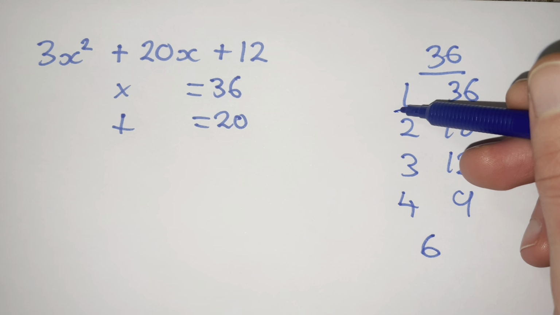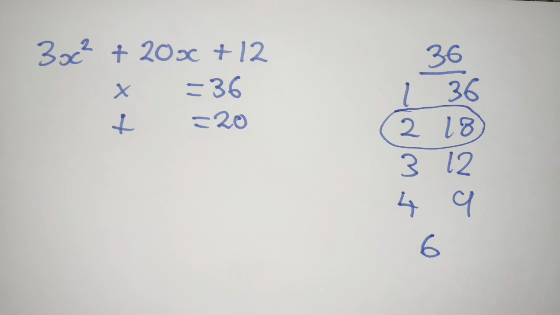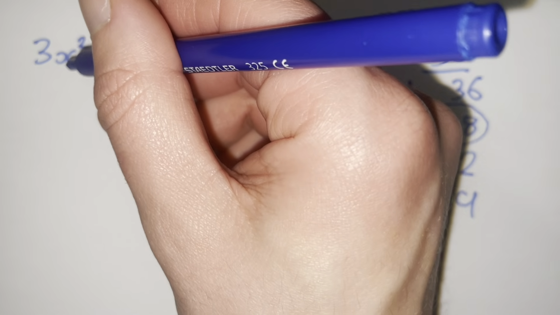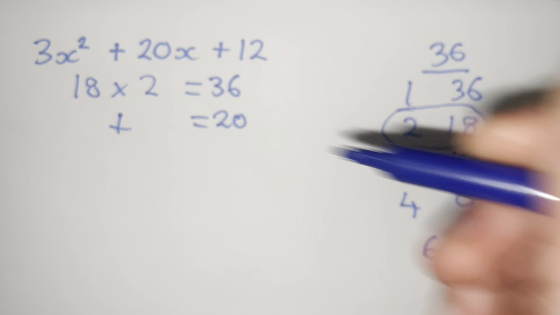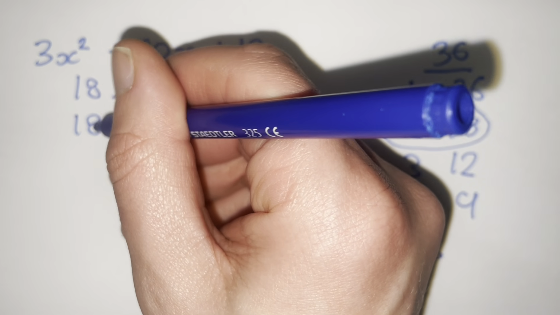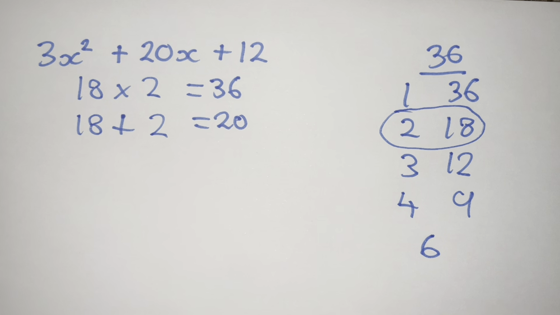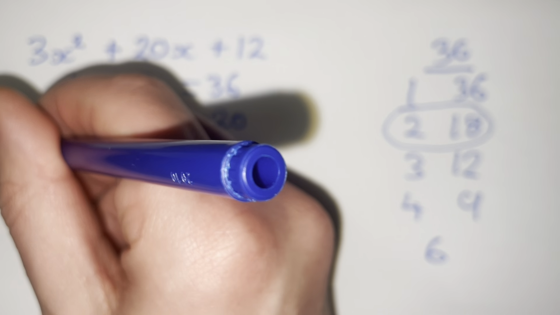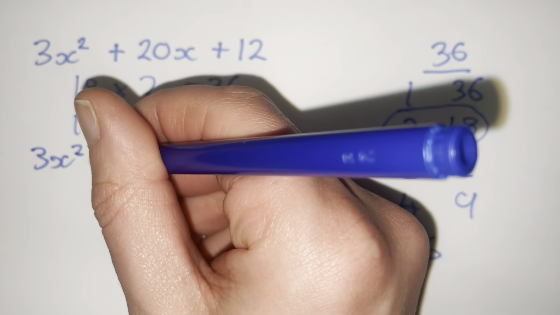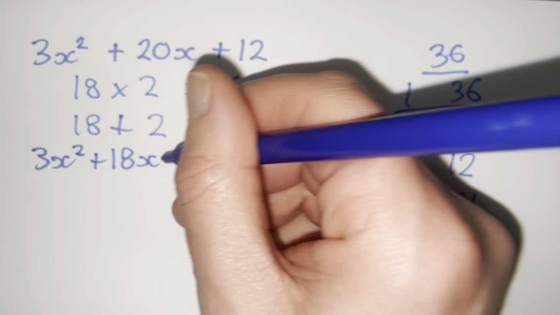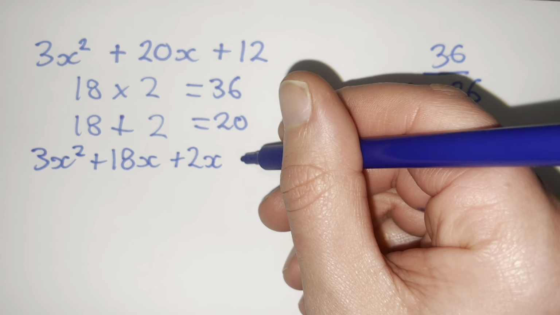Well, that's going to be 2 and 18. So I can say that 18 times 2 equals 36, and 18 add 2 equals 20. So now let's rewrite this original expression using 18x and 2x to make 20x. So that would be 3x squared plus 18x plus 2x plus 12.